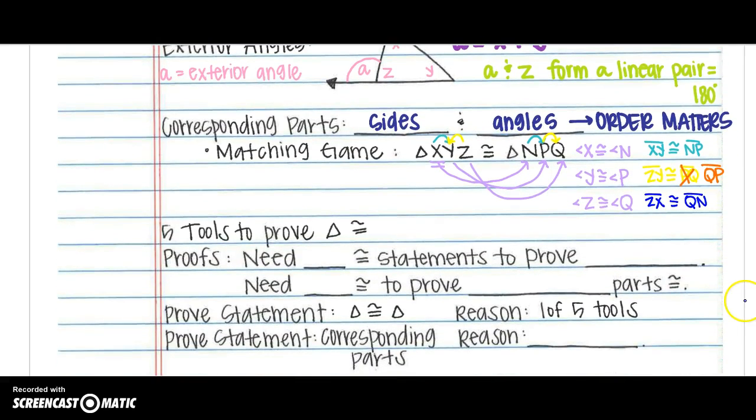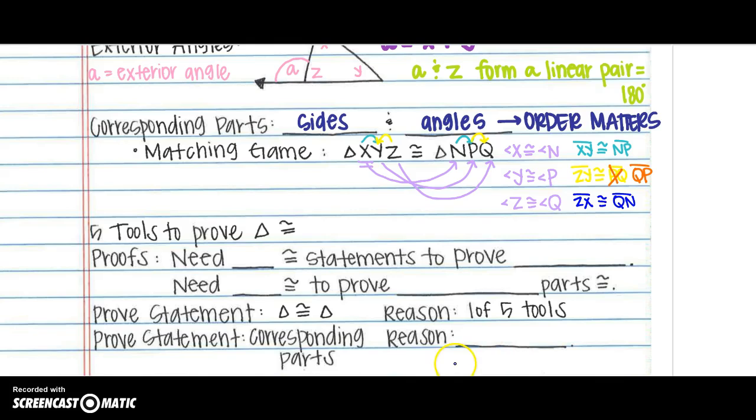All right, in the last video, we talked a lot about these 5 tools in our toolbox. We're just going to go through a small portion of it. We need 3 congruent statements to prove triangles are congruent. So that might mean 3 sides, that may mean 2 sides and an angle, that may mean 2 angles and a side. It just depends.